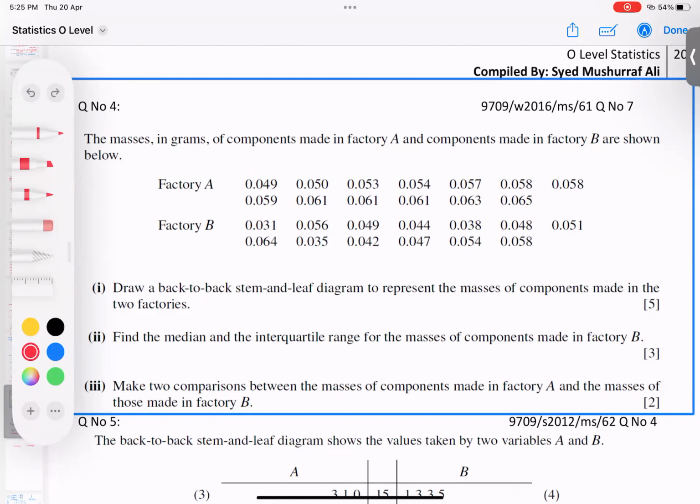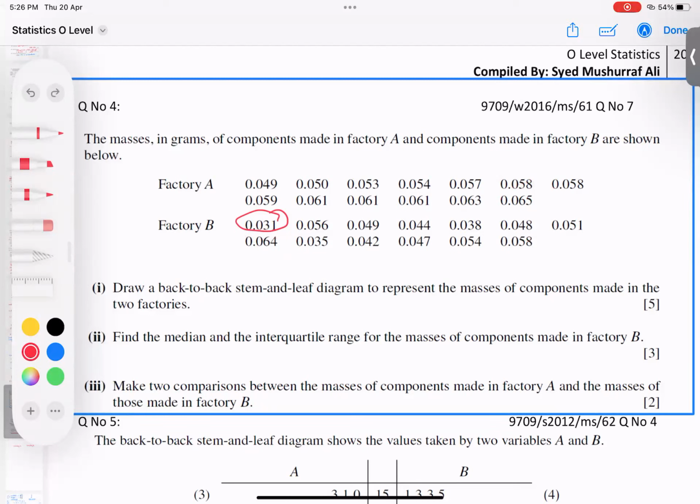Let me check. The smallest is 0.031, 31. And the largest: I have a 6.4, let me check another one, 6.5.